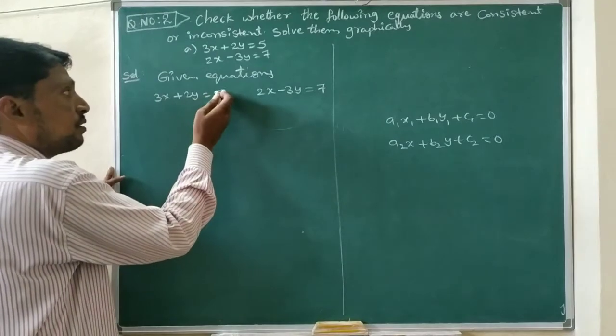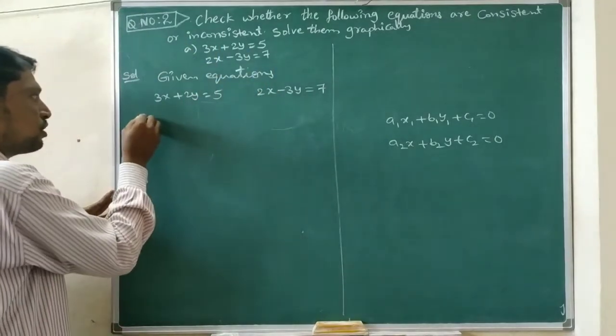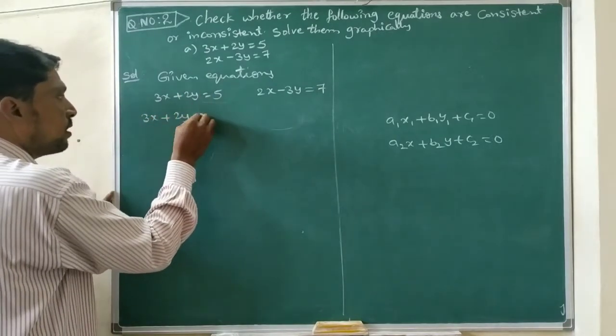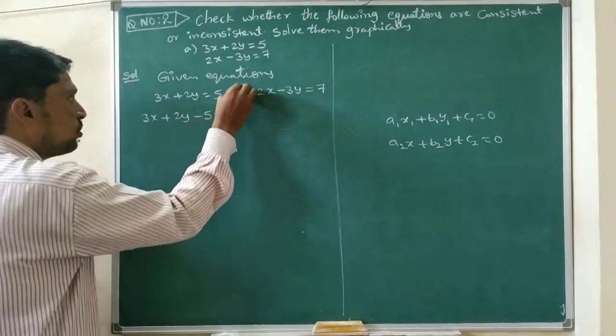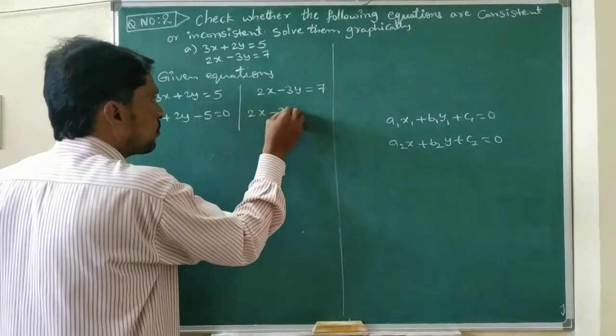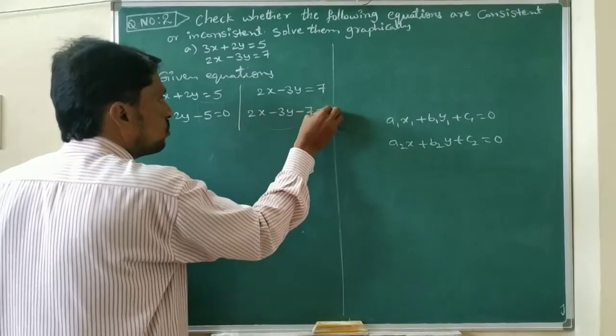For c1, this plus 5 you can transpose to the left. So 3x plus 2y minus 5 equal 0, and this one, 2x minus 3y, this plus 7 becomes minus 7 equal 0.